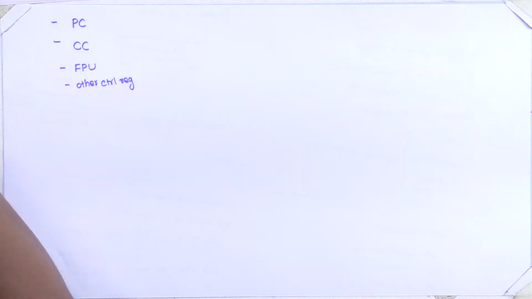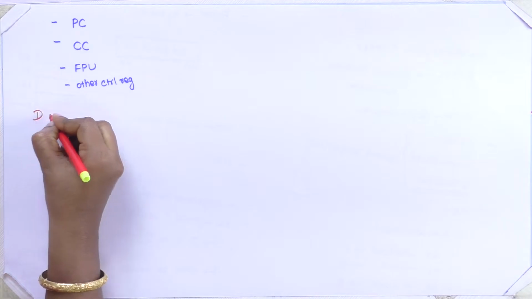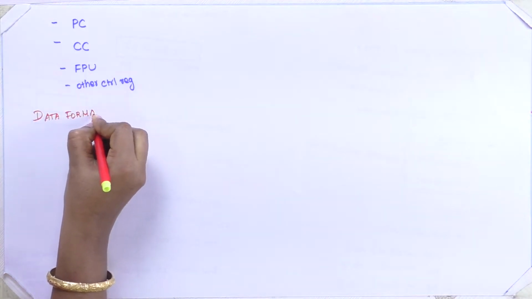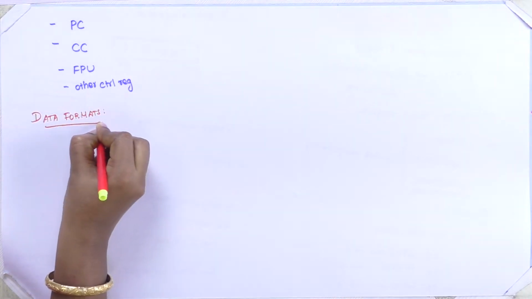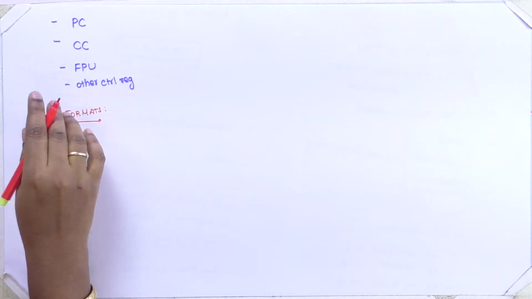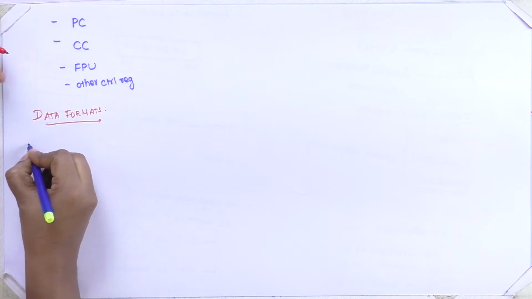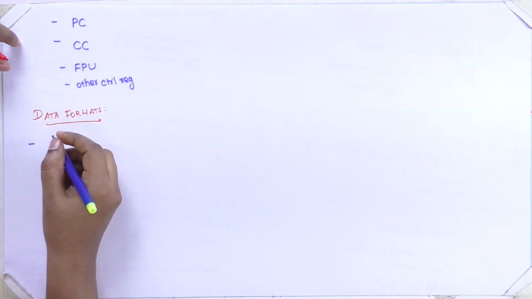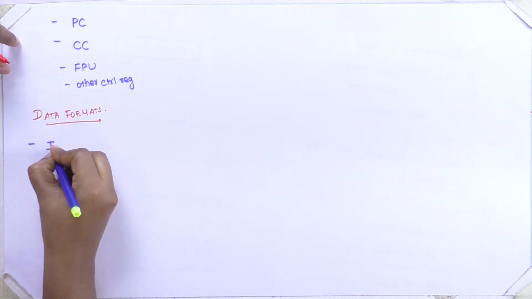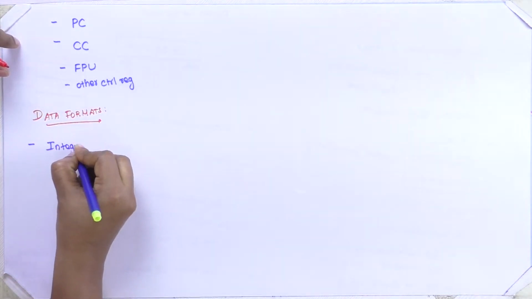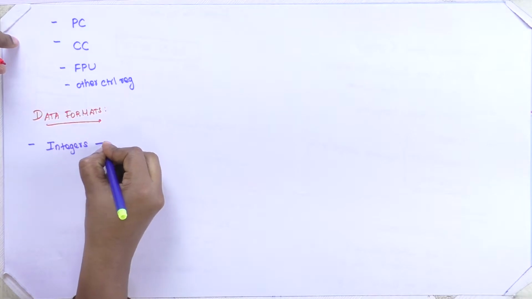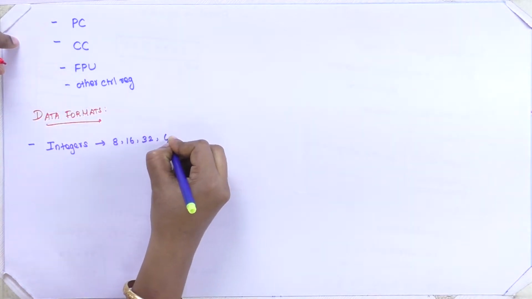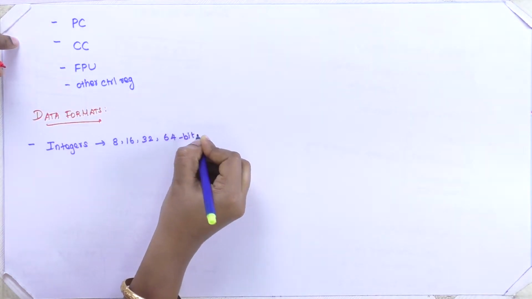Our next hardware feature is data formats. Under data formats we will see integers, floating point, character and negative values. Integers are represented in 8-bit, 16-bit, 32-bit or 64-bit binary numbers.